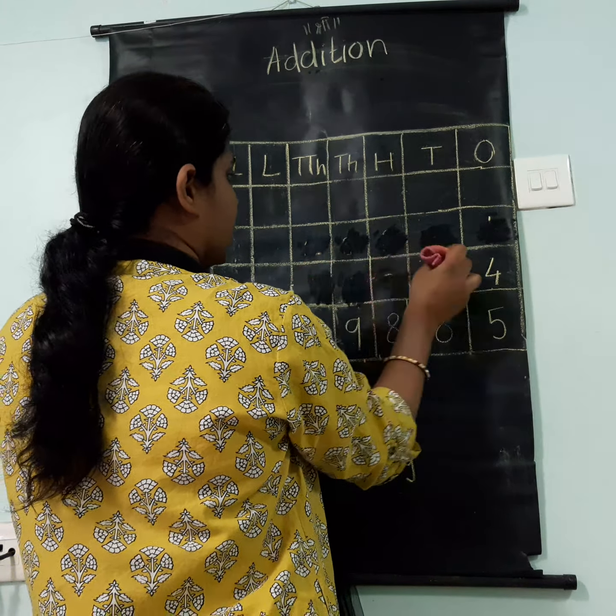I'll write the numbers. You will also start from ones. 6, 3, 8, 5, 2. The next number is 5, 3, 7, 9 and 3.